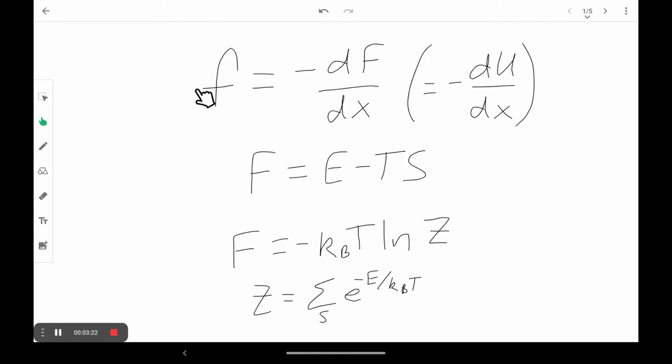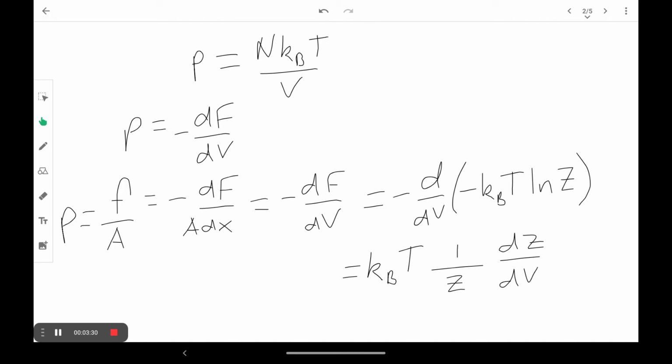And so if we divide F by A, and therefore put an A down here, that is the same thing as pressure and volume. It seems reasonable, just by dividing by a constant area A on either side, that this should be a way of finding pressure. So let's check that with our definition of free energy and the partition function.